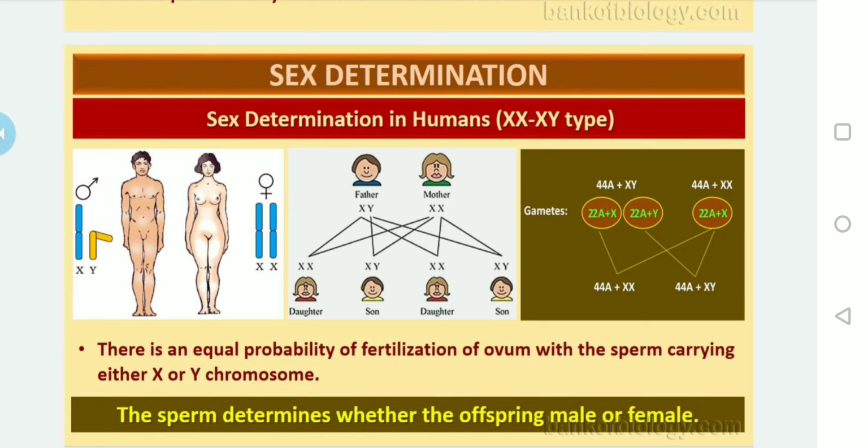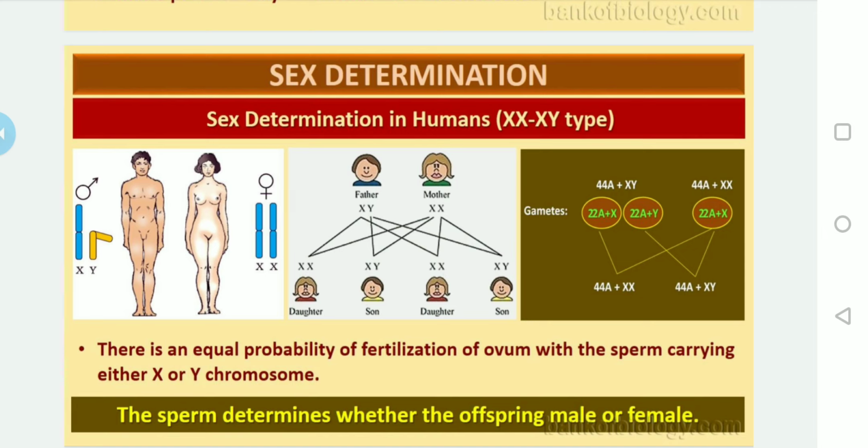Are you getting it? Thus, it is evident that it is the genetic makeup of the sperm that determines the sex of the child, and in each pregnancy there is always a 50% probability of either a male or a female child.